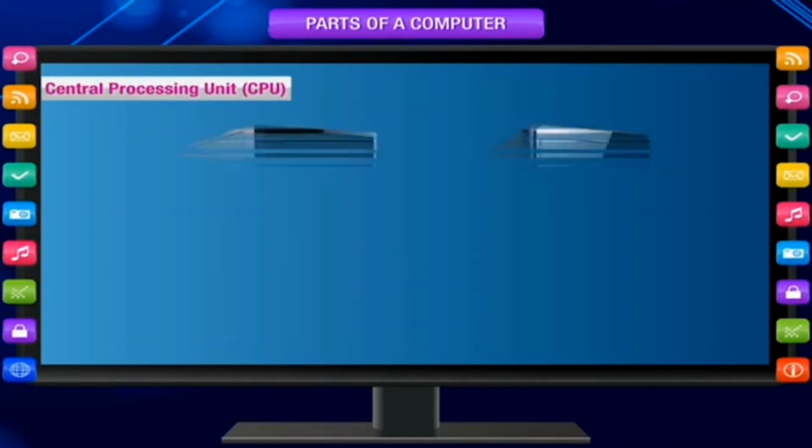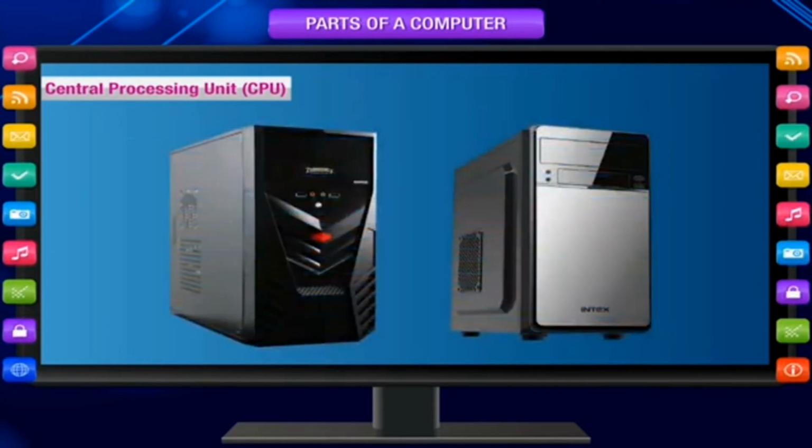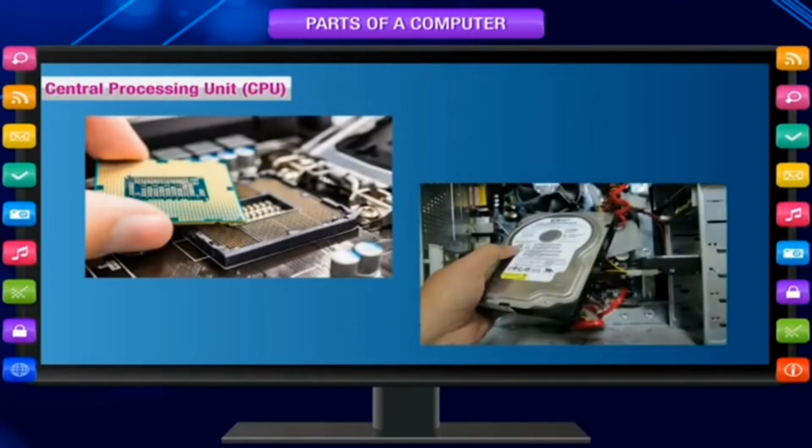It receives data from the keyboard, processes it, and sends the output to the monitor. A CPU has its own memory to share the information. A hard disk drive stores information permanently. So does everyone understand what is CPU and how it works?